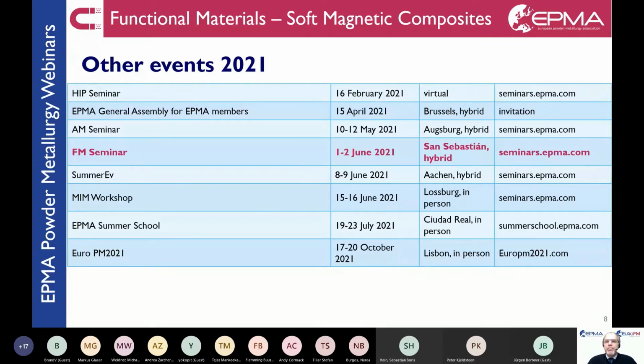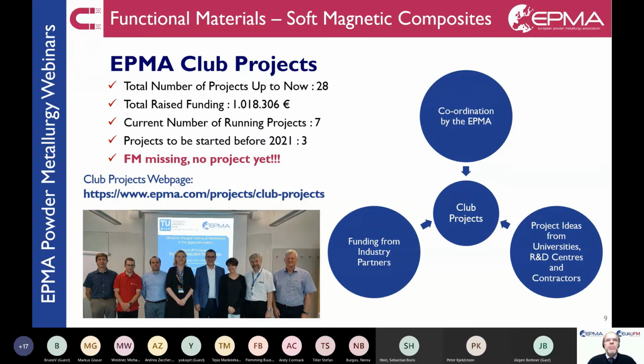So just a few words more about the club projects. These are projects that are run inside our association, run by the members themselves. They just finance as companies. They put up a small consortium of 5, maybe 6 companies and finance a small research task, which is carried out in a few months or 1-2 years maybe.